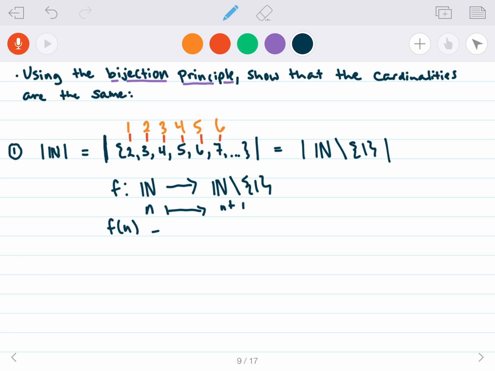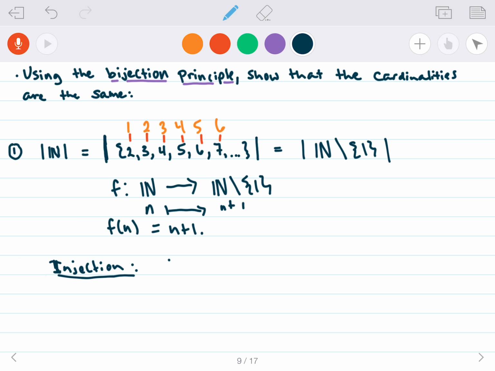So f of n is equal to n plus 1. This is a bijection. I think it might be clear why it's a bijection, but just to beat a dead horse, I do that sometimes, so you can skip over things that are clear to you. But just in case people want to see lots of examples. So here's the injection.